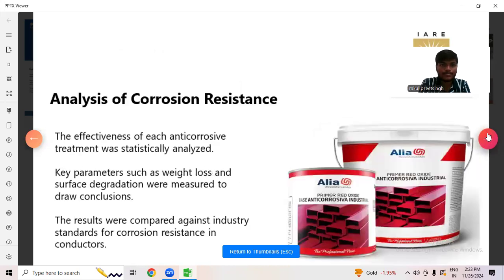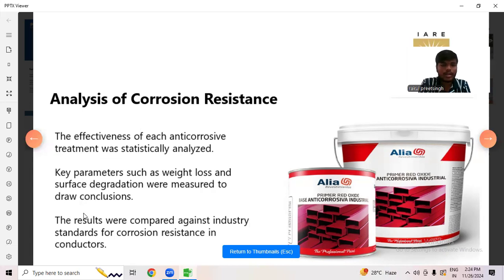And next is the analysis of corrosion resistance. The effectiveness of each anti-corrosive treatment was statistically analyzed. Key parameters such as weight loss and surface degradation were measured to draw conclusions.